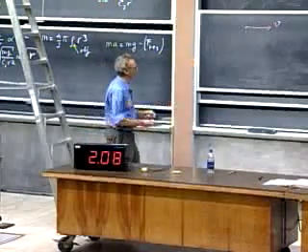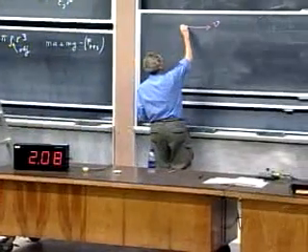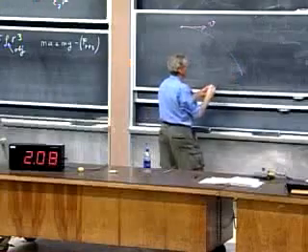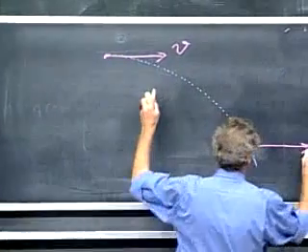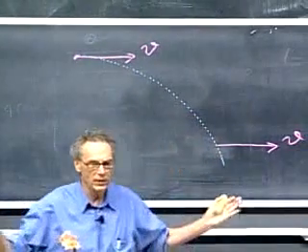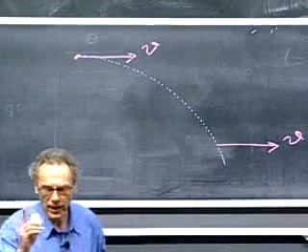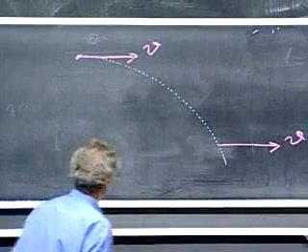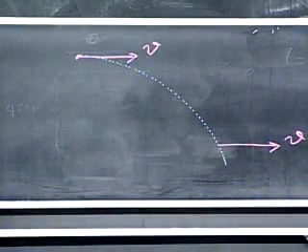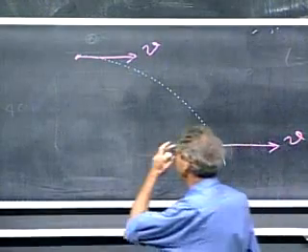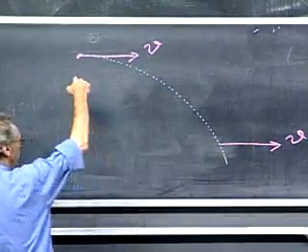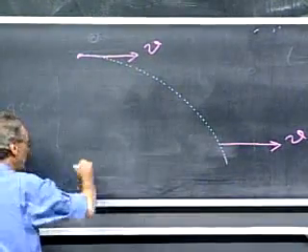If there were no drag, then this, of course, would be a parabola. And the horizontal velocity would always be the same. There would never be any change. But that's not the case now. Because of the resistive forces, because of the drag by the liquid, the object is going to get a velocity in this direction.